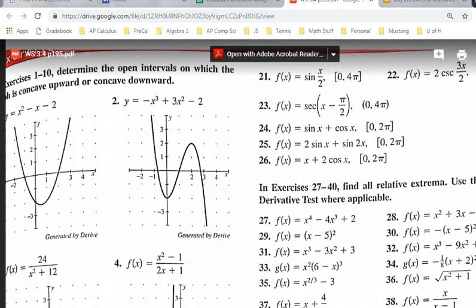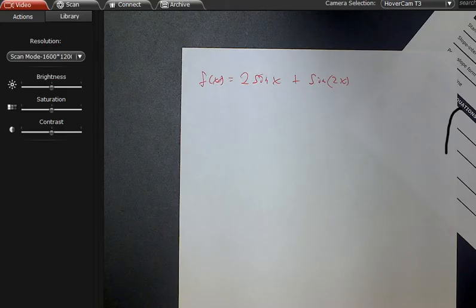Number 25, we've got f of x equals 2 sine of x plus sine of 2x, on 0 to 2 pi.